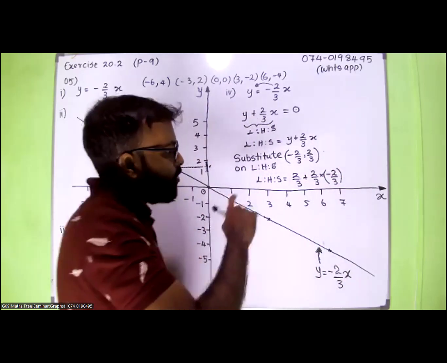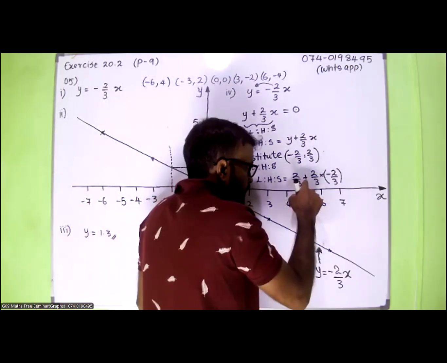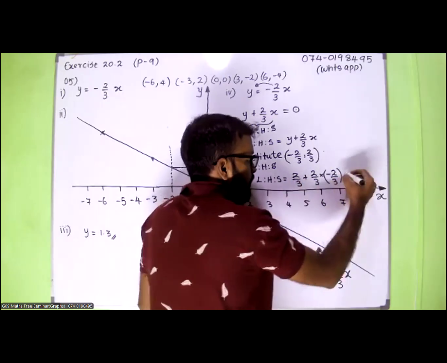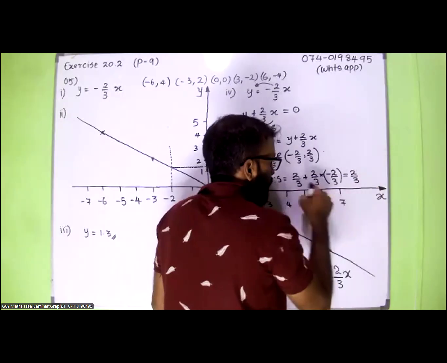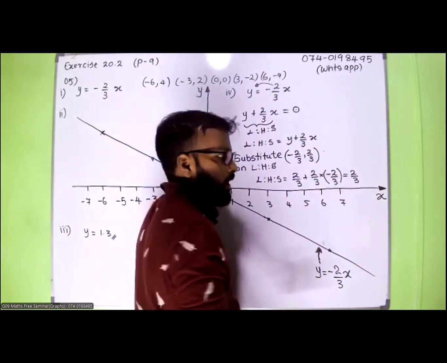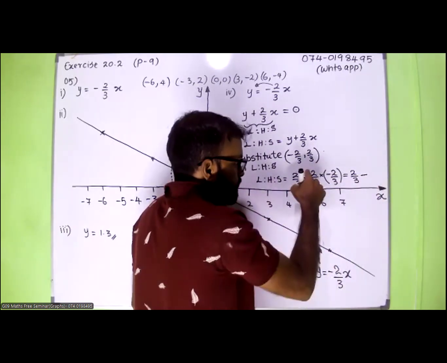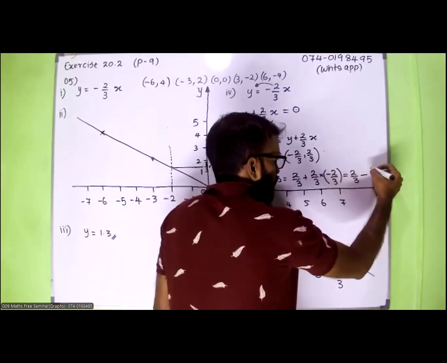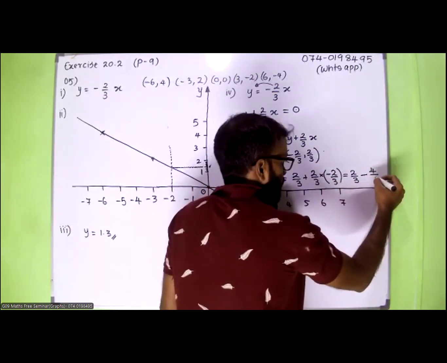So now I am going to simplify. So here 2 upon 3, positive into negative. Right? 2 times 2 is 4. 3 times 3 is 9.